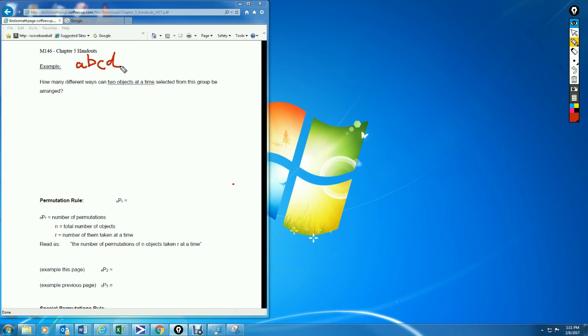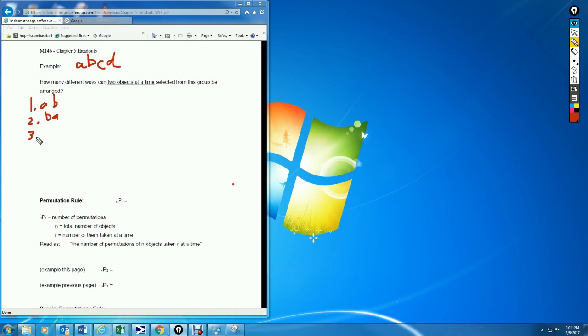So how many different ways can I do that? Well, let's do this again by listing, in a very methodical manner. Let's start by doing the first 2, A and B. But then if I switch them, that's a different permutation, so B and A.